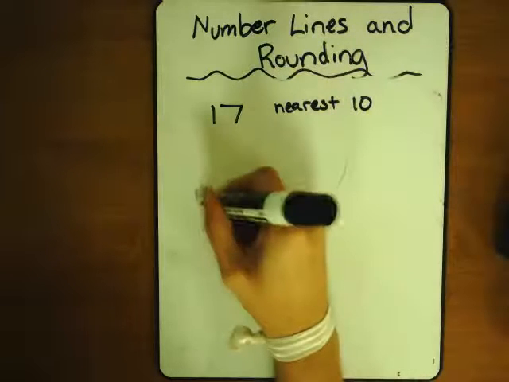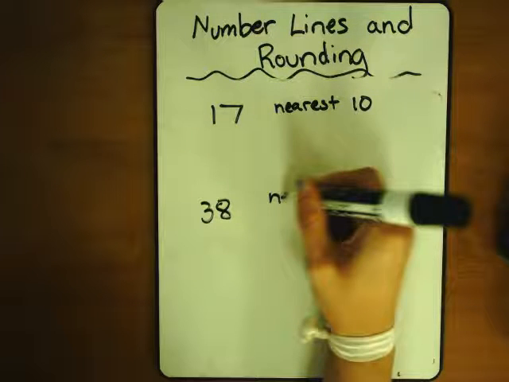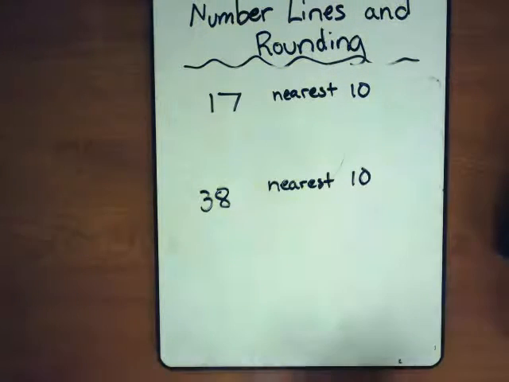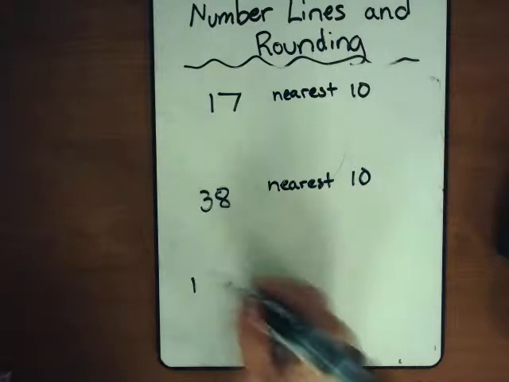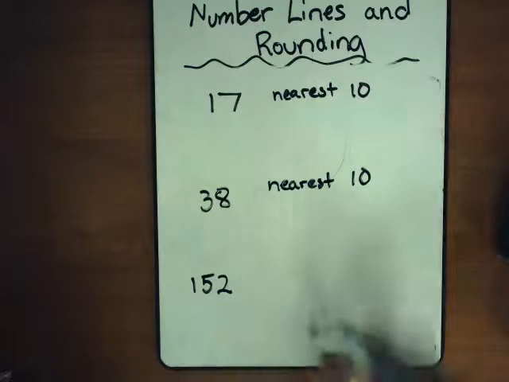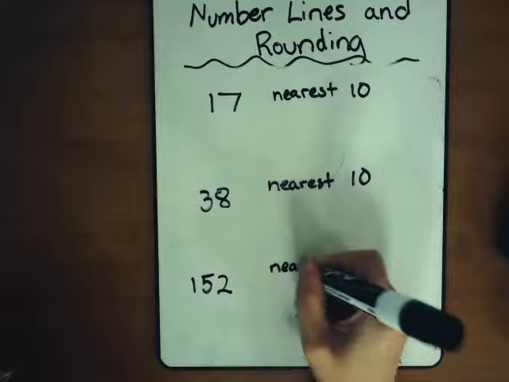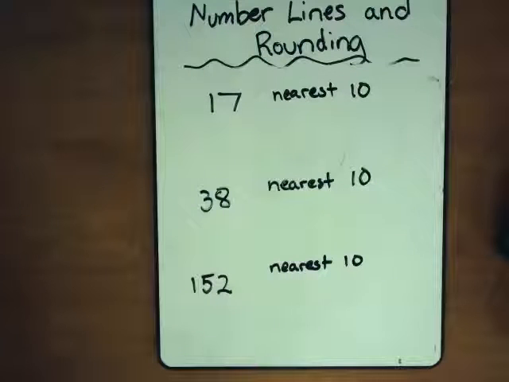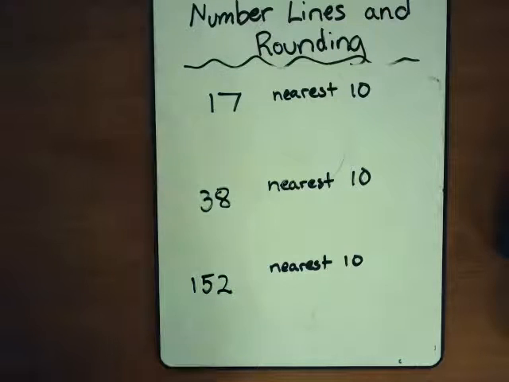Let's do 38 to the nearest 10. And let's do 152. And you know what? Let's go ahead and do that one to the nearest 10 also. Okay, friends. So go ahead and pause right here. Do the work on your own, and when you're ready to check your answer, I want you to go ahead and unpause.